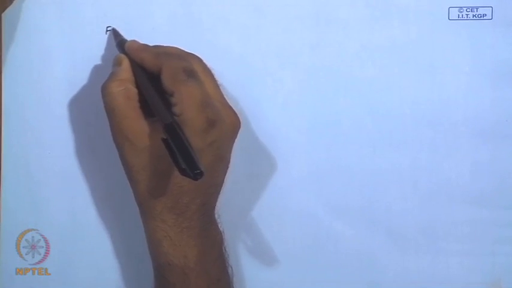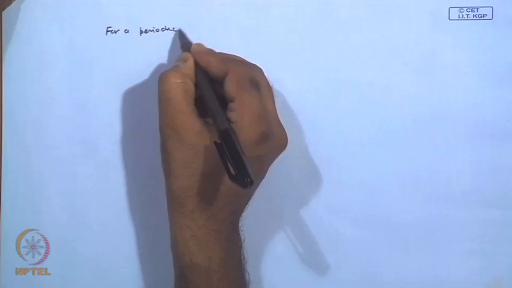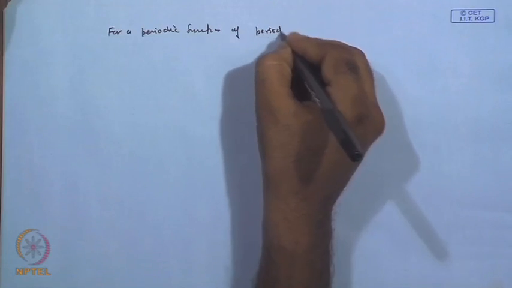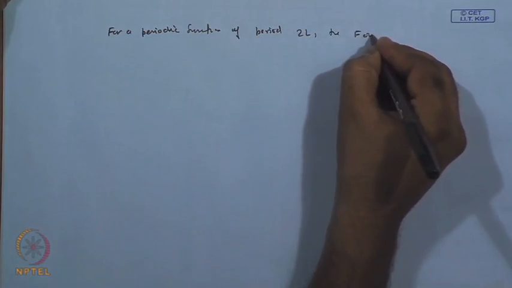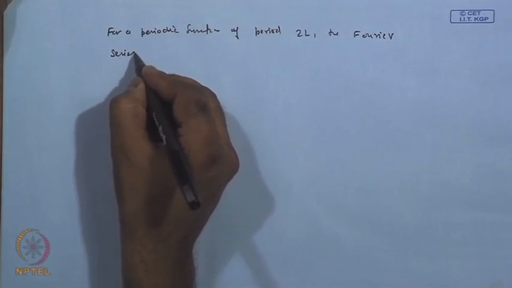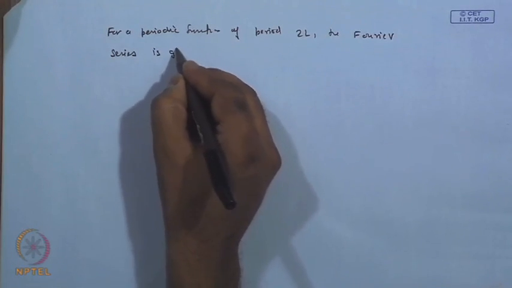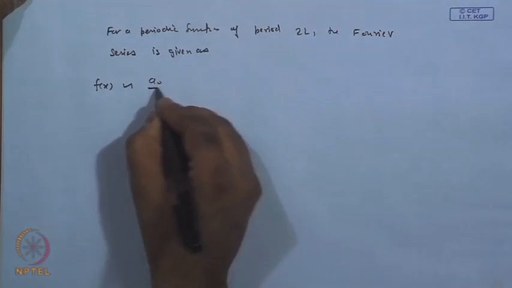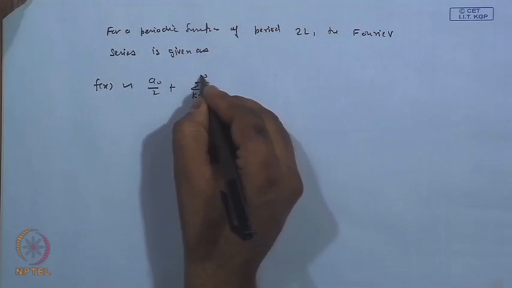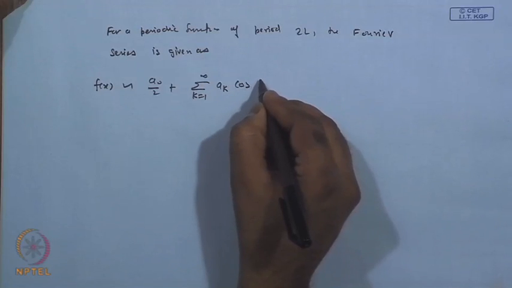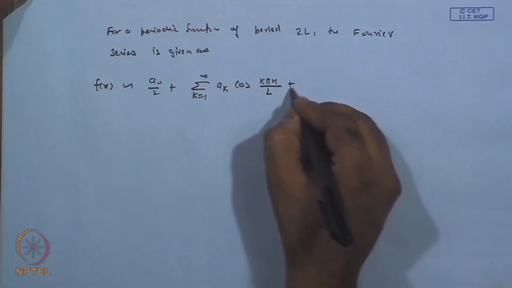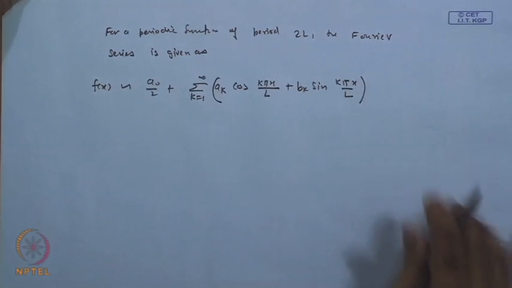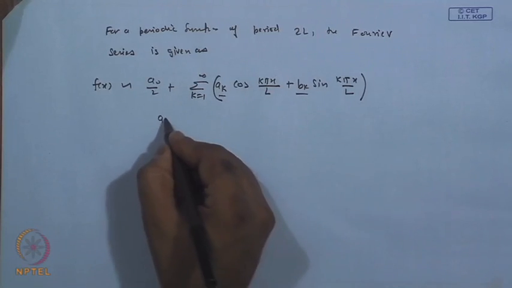In that case we had, for a periodic function of period 2L, the Fourier series given as f(x) = a naught by 2 plus the sum over k from 1 to infinity of a k cos(k pi x over L) plus b k sin(k pi x over L), where these Fourier coefficients a k and b k are given by the integrals.